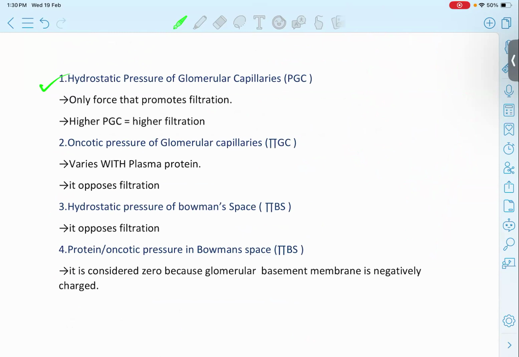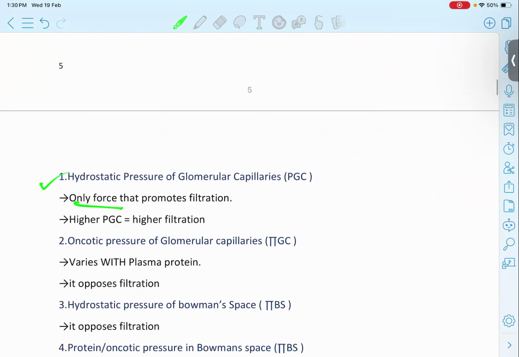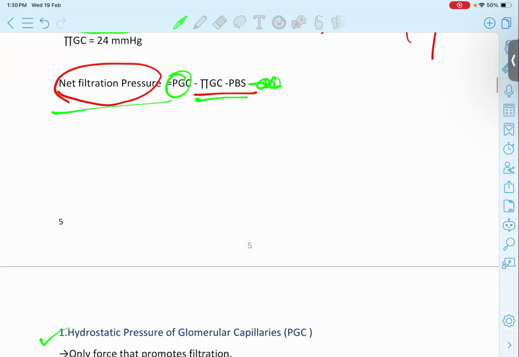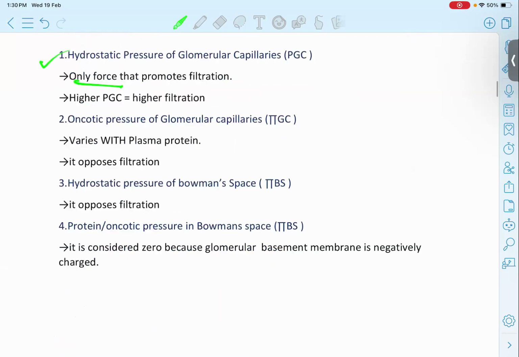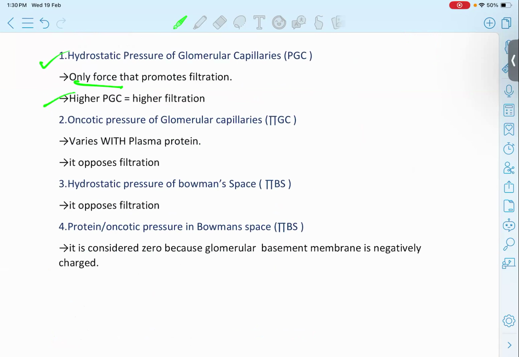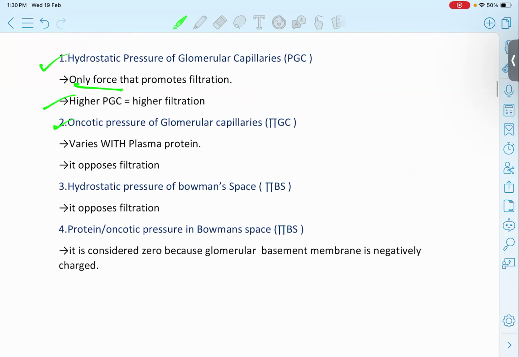this slide will be like what I have already discussed. Hydrostatic pressure is the only force that promotes filtration. This is why we kept it, and we subtracted the other two pressures. The higher the hydrostatic pressure of glomerular capillary, the higher the filtration. Oncotic pressure will vary with the amount of plasma protein in the blood, and it is an opposing pressure.